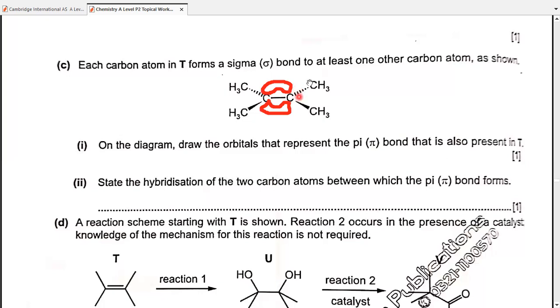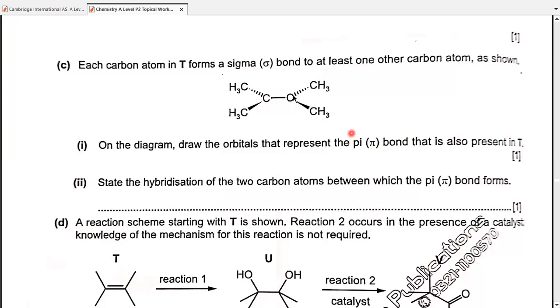A lobe-shaped structure can easily tell the examiner that there exists a pi bond for which the electron density is above and below the central line. All right, lobe-shaped structure. So that's a very good response.